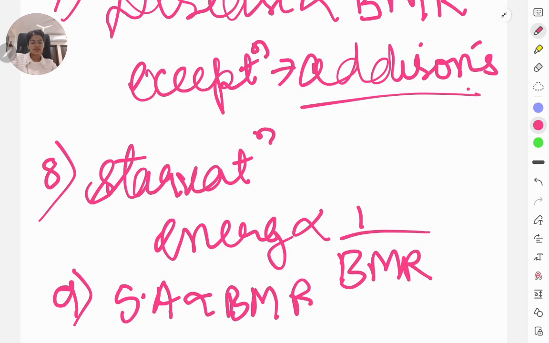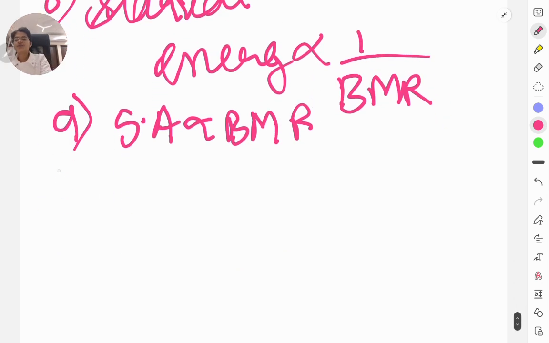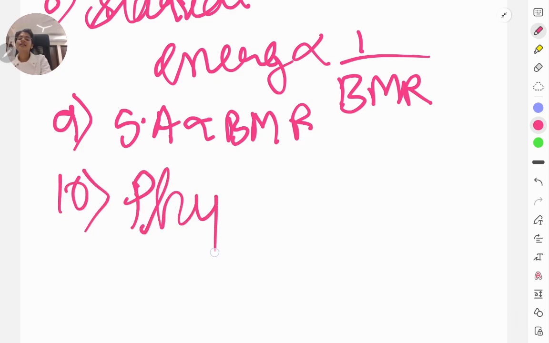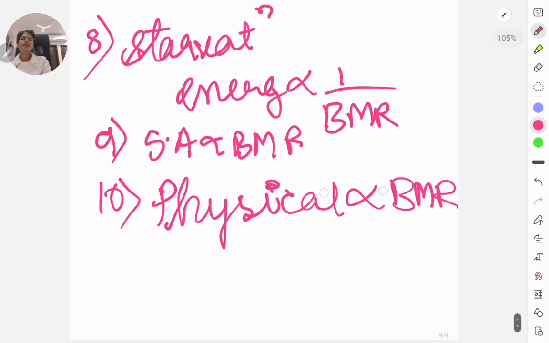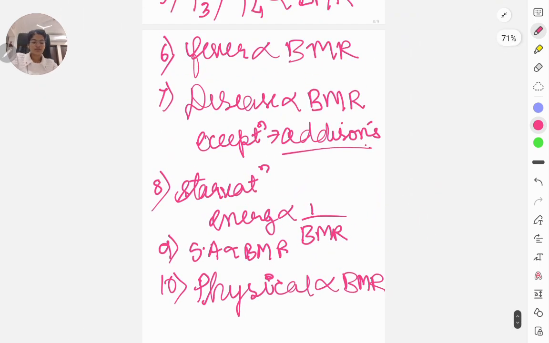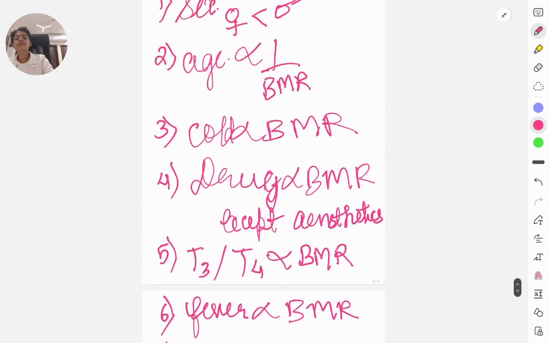And am I missing anything? Yeah, most important and my favorite, if there is physical exercise, then the BMR would increase. Is it all right?